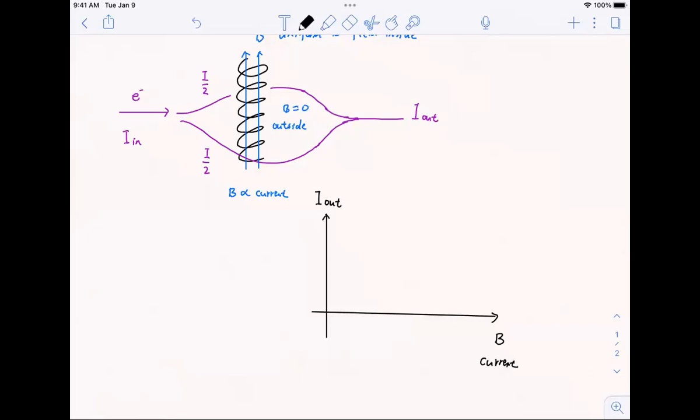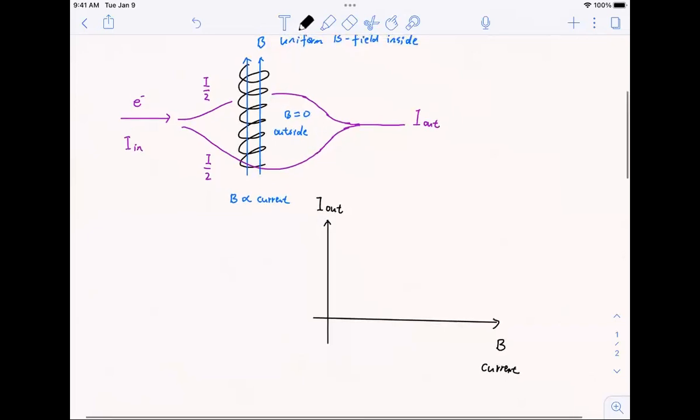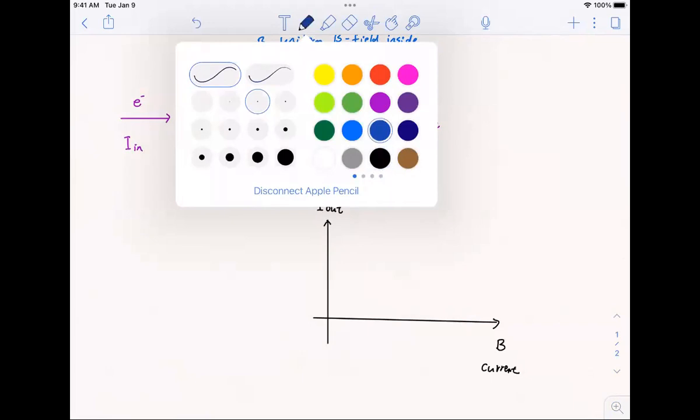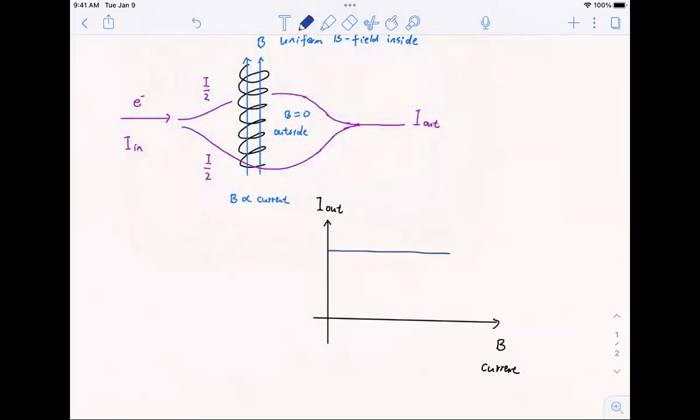For the classical picture, you will expect it to be constant.